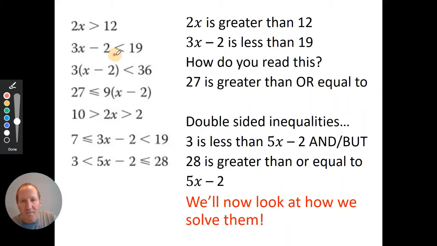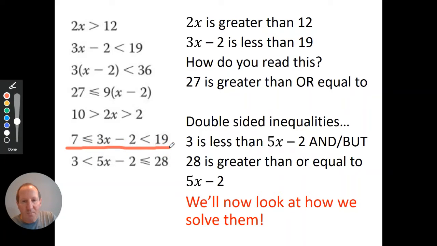This one, the sign is the opposite way around, so eventually we read that as less than. So 3x minus 2 is less than 19. Because you've got the little end there, it's less than the big end there, 19. Now, you can have them sandwiched. That's not a technical term, I just made that up really.